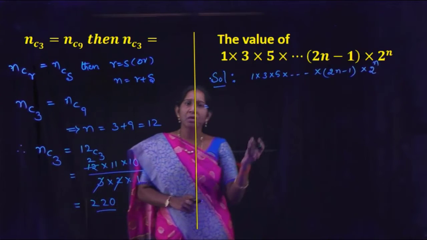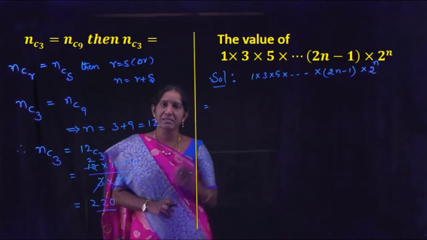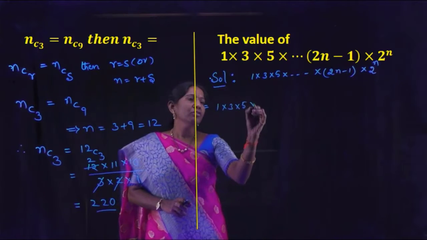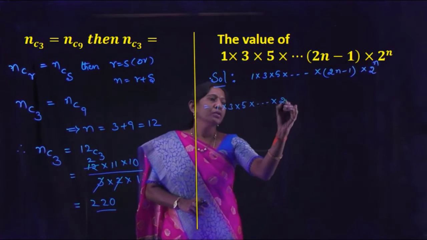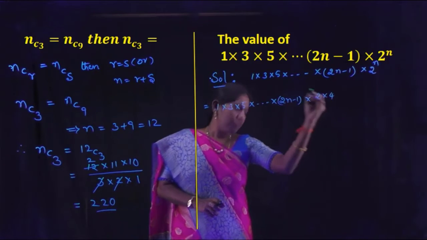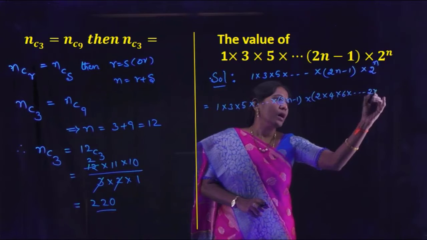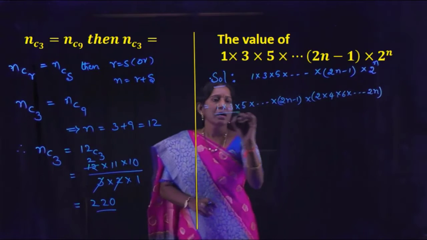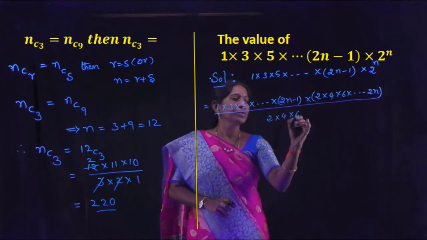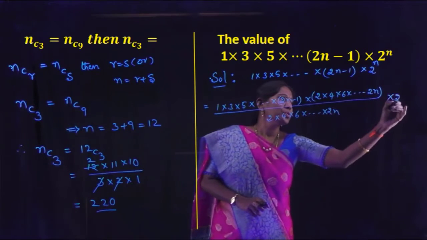That's why we multiply and divide by the missing numbers. Those are like 1 into 3 into 5 and so on, (2n minus 1) into 2 into 4 into 6 and so on, 2n, divided by 2 into 4 into 6 and so on, 2n, into 2 to the power n.